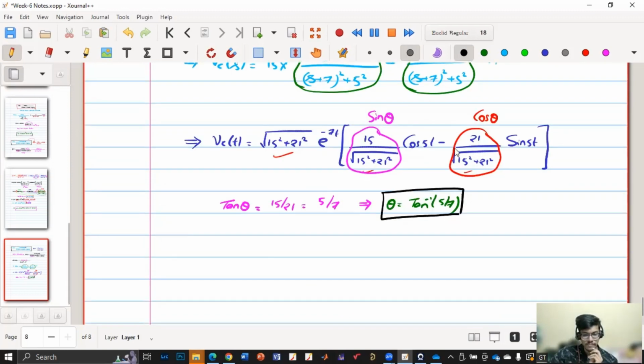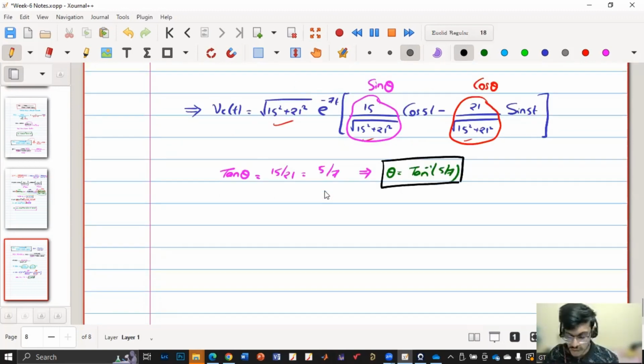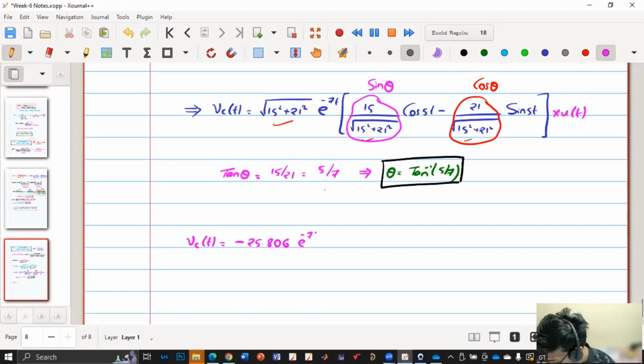So now if I write Vc of t, again there will be u of t term here because it is for t greater than 0. So now our Vc of t is square root of 15 square plus 21 square, it is 25.806 e to the power minus 70t sine of omega t minus theta, whereas this theta is this theta.